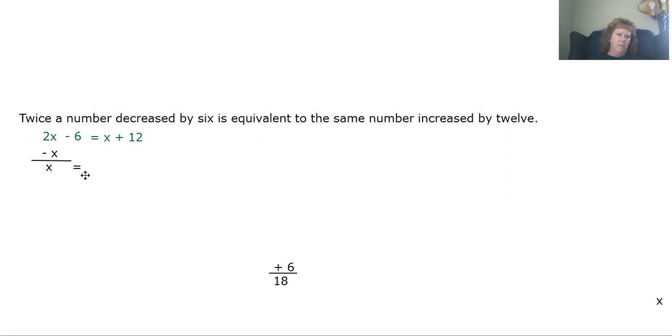So 2x minus 1x would just leave us with x. And then we'll take the minus 6 and add it to 12 so that we have 18, and x will equal 18.